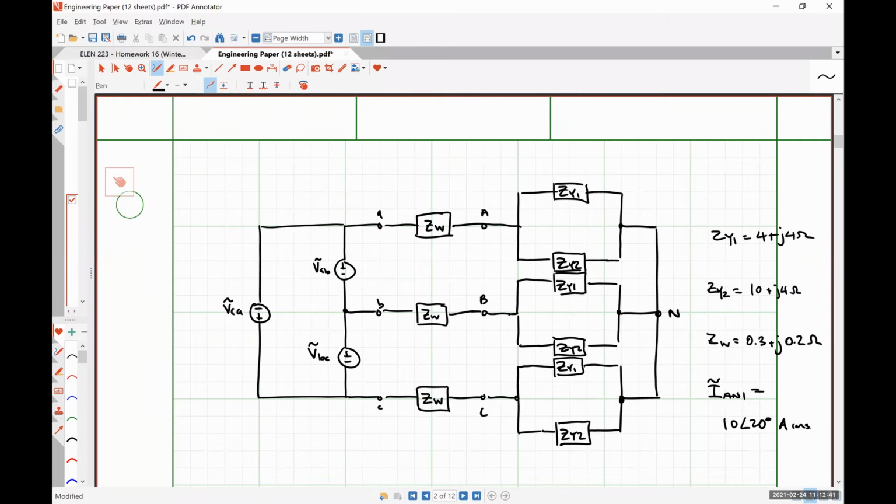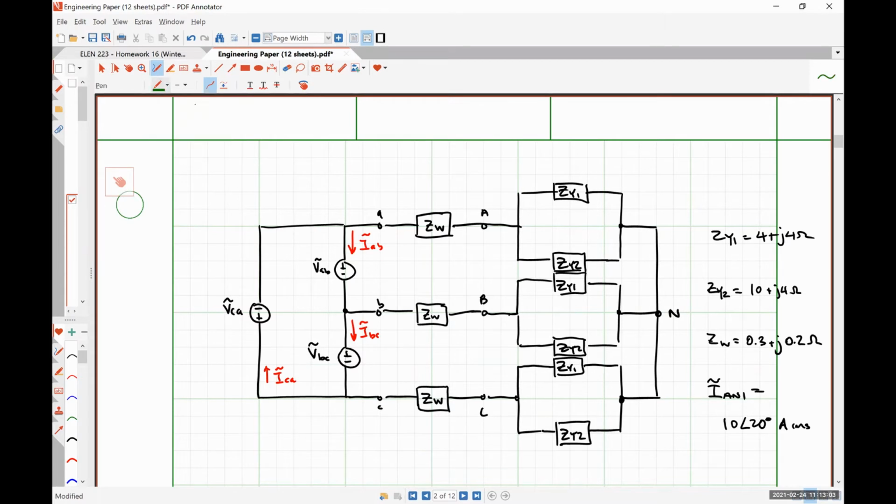All right. Looking for the delta currents. Let's label those guys real quick. The delta currents would be this guy right here, IAB, this guy here, IBC, and this guy here, ICA.